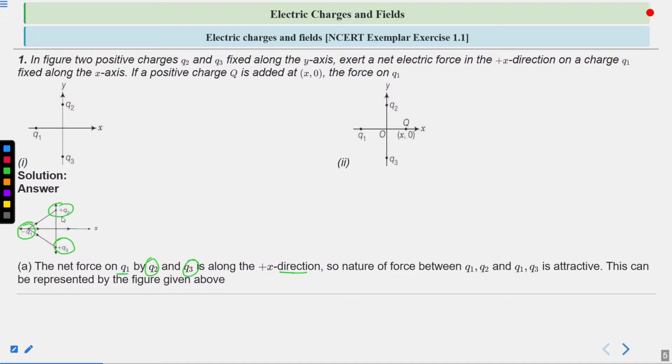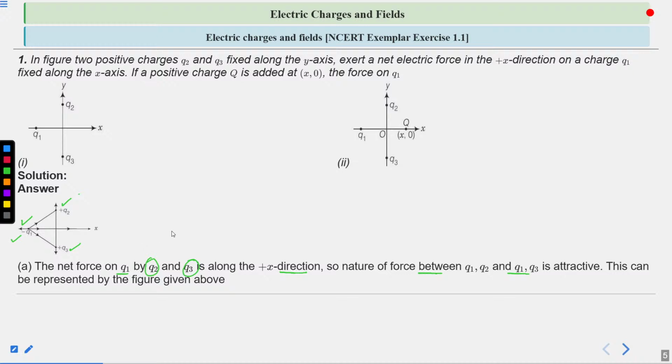Here the nature of Q2 and Q3 is positive. Q2 and Q3 are positive charges. It means they attract Q1. It means the nature of charge Q1 is negative. So the nature of the force between Q1 and Q2, and Q1 and Q3, is attractive. Why are they attractive?